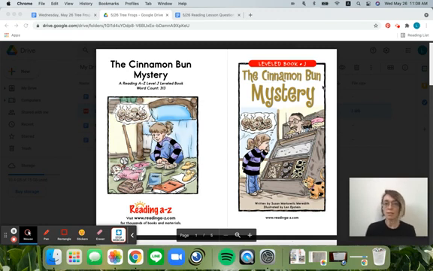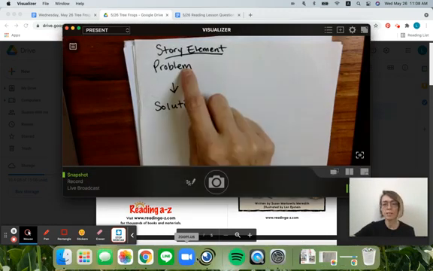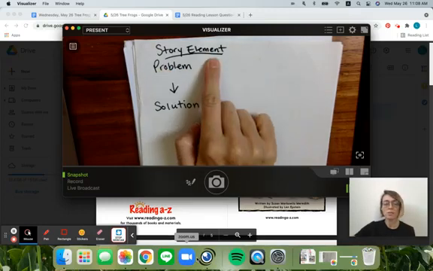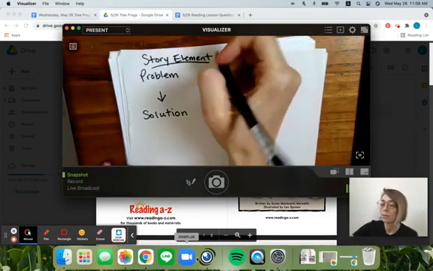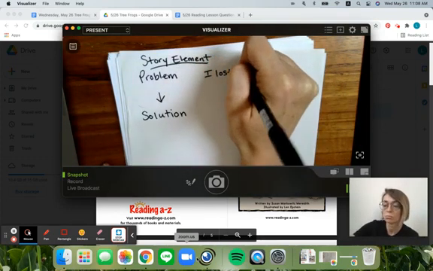Before we start reading the story, I want to talk to you about something called problem and solution. This is a story element, a part of a story that most stories have. So, problem. What is a problem? I'll give you some examples of a problem you could have. A problem: I lost my pencil.